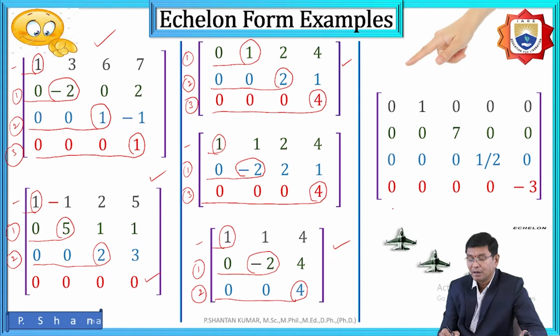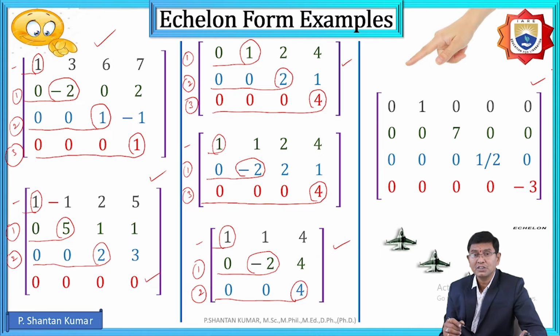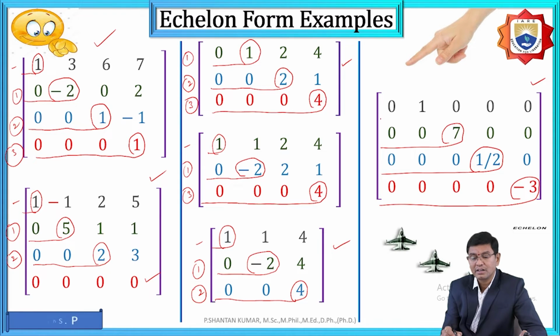Similarly, coming to one more example, it is also a 4 by 5 matrix, and here also there are no zero rows. Therefore, the first condition itself is not required. For the second condition, the first non-zero elements are minus 3, 1 by 2, 7, and 1.